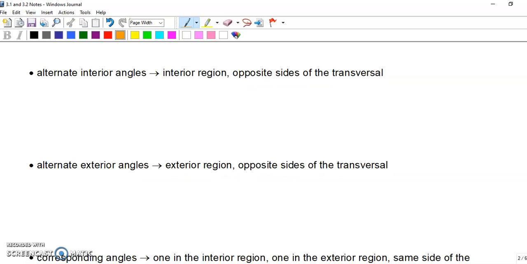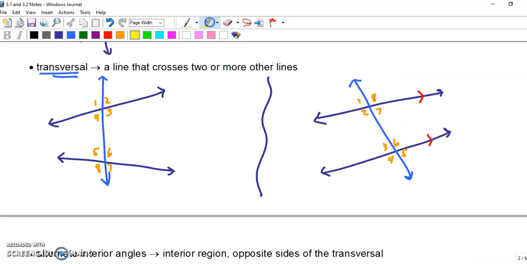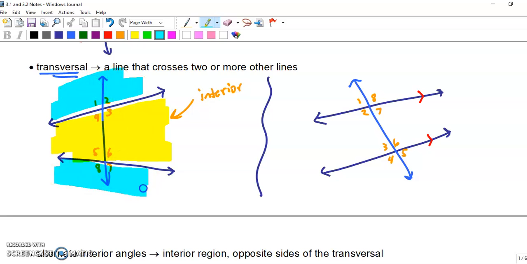So when you have lines like that, I guess I need to come up here one more time first. We would say this is the interior. If it's in between the two lines, that's going to be interior. And so then anything outside of those two lines would be exterior.